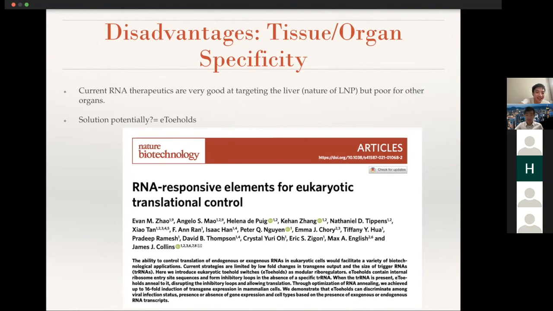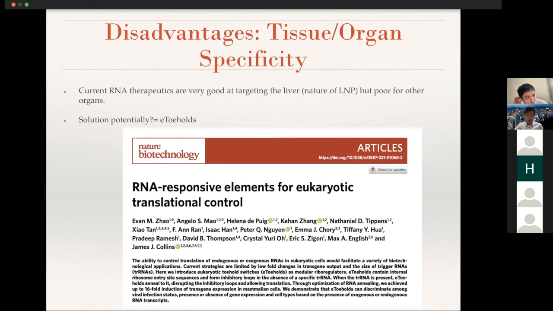An eToehold is an untranslated region on the mRNA whose function is to inhibit translation of the mRNA by preventing it from binding to ribosomes.